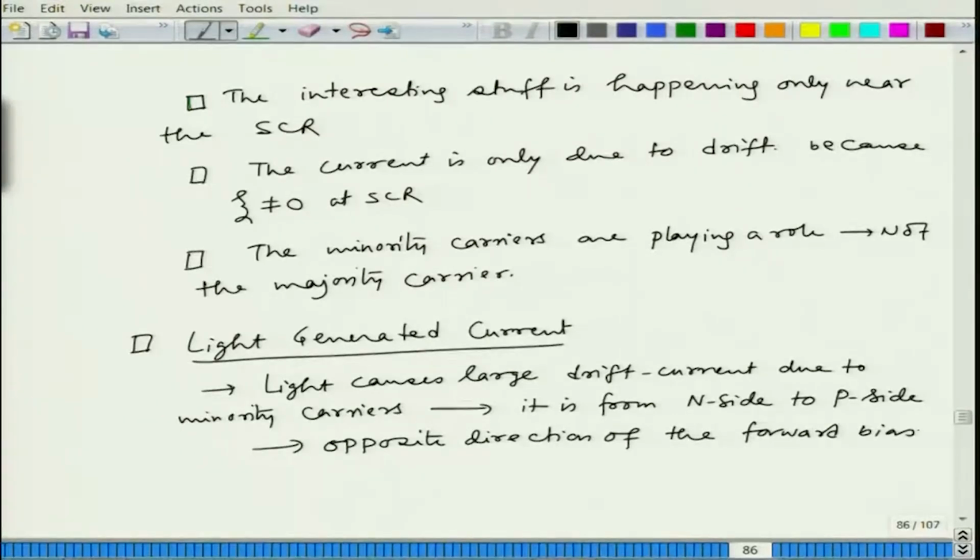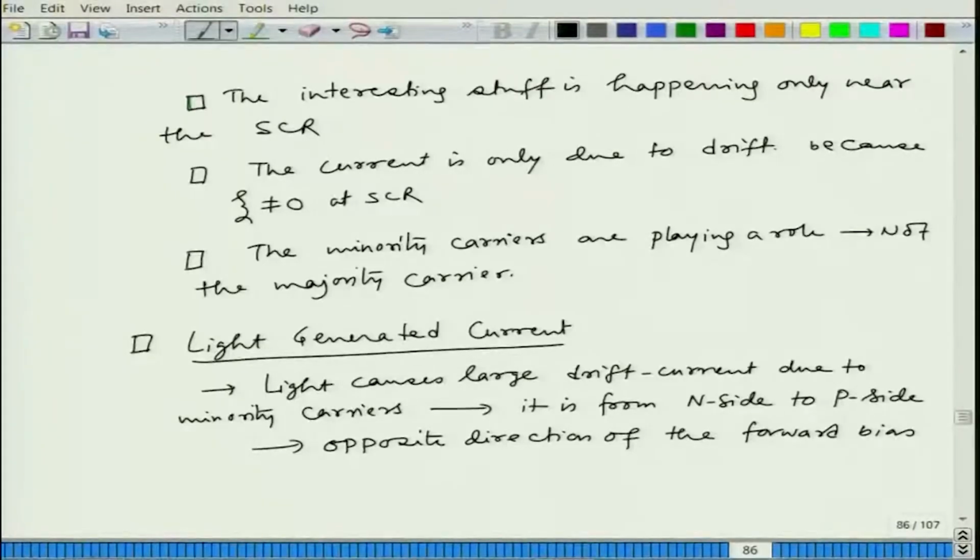So, what is the forward bias direction? It is from the P side to the N side. P side is positive, N side is negative. But for the drift current, the current is in the opposite direction. You have seen it a couple of classes ago why the drift current is in the other direction, because drifting happens only downhill in energy for the carriers. So, in this opposite direction you have the drift current.